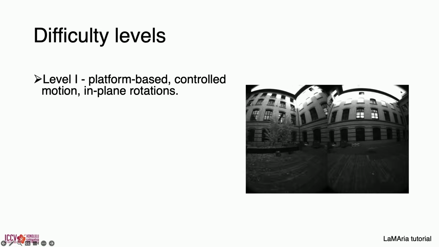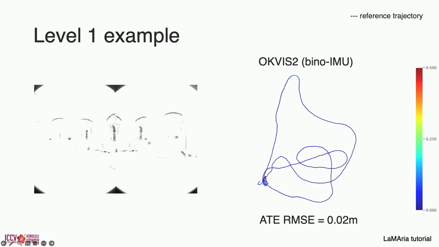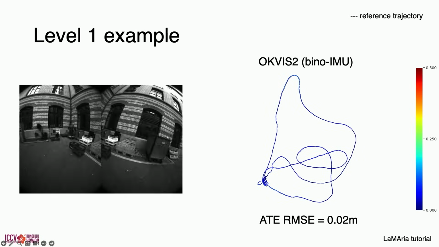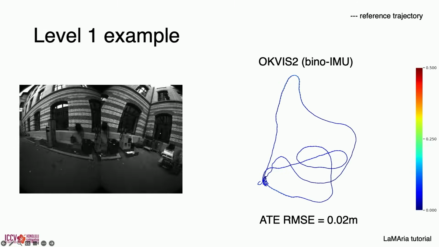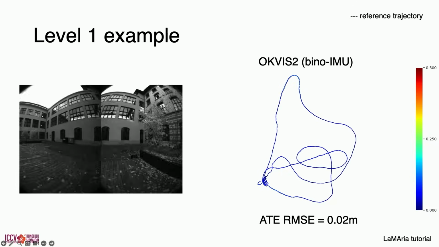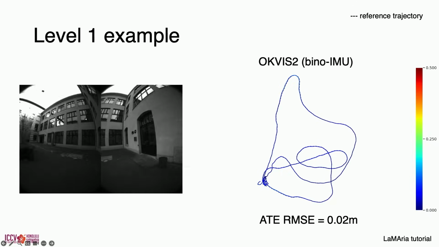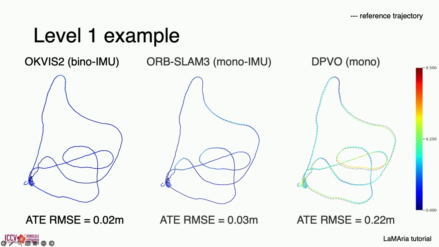In these sequences, we can see that the errors that some baselines produce are quite low, which you can also see in the results when these baselines run on UROC. And like I mentioned, we have binocular, so multi-camera inertial, mono-inertial, as well as monocular.